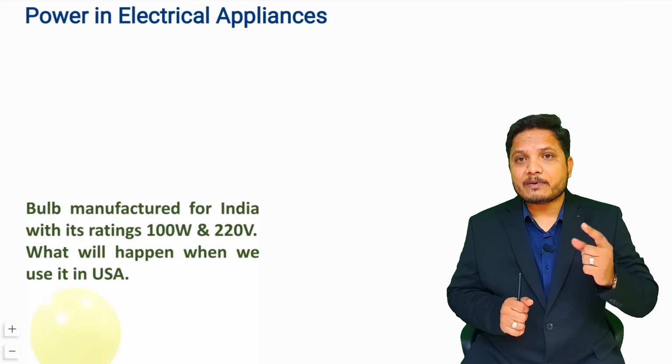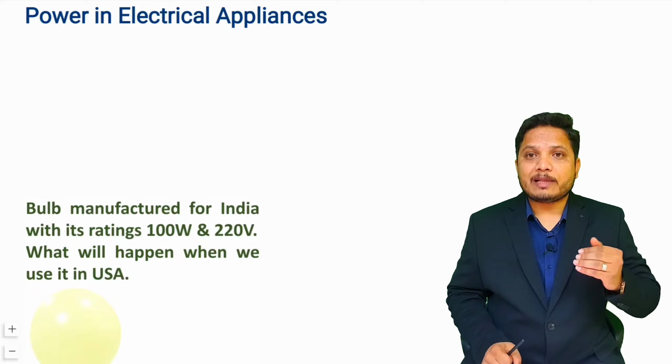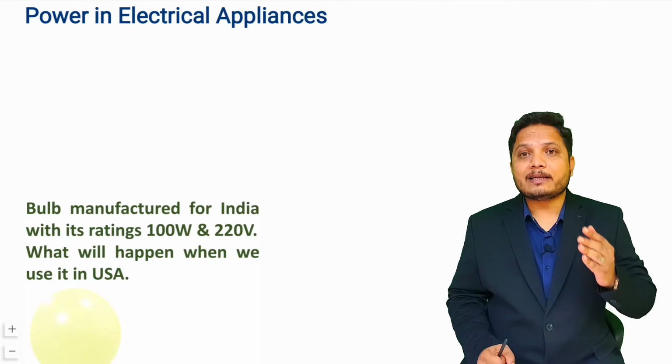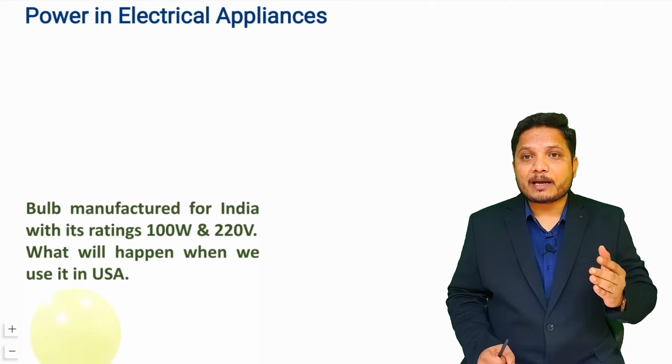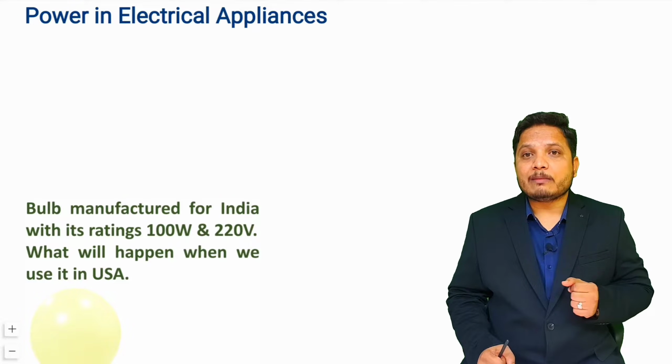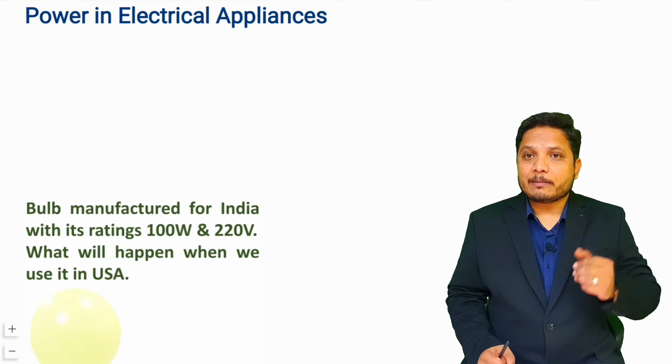So let us start with the first agenda, that is what will happen when appliances are connected in series and parallel. At that time, how much total power will get delivered to the appliances.